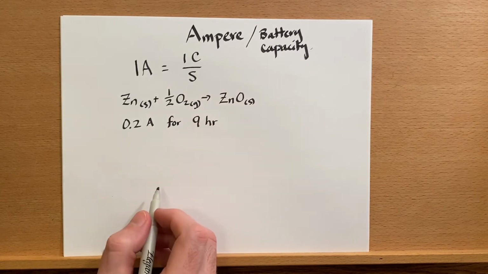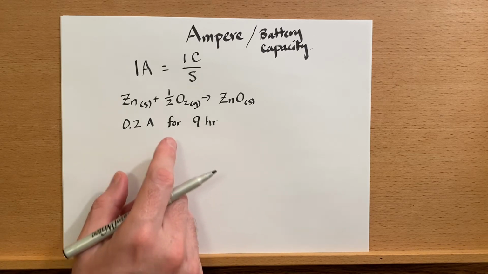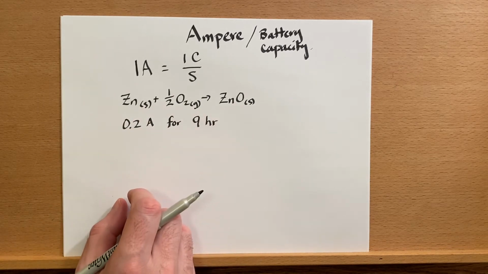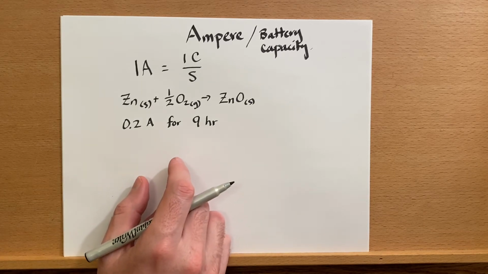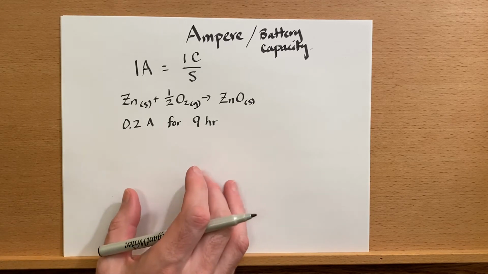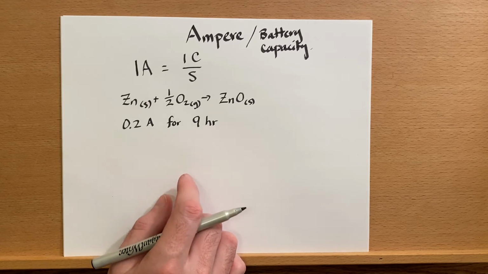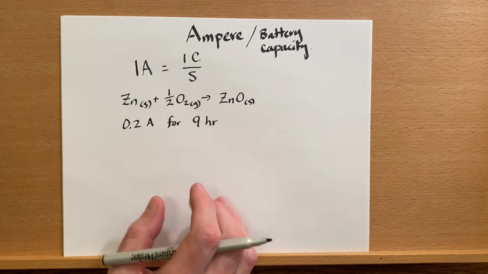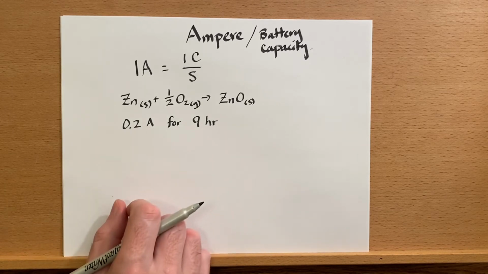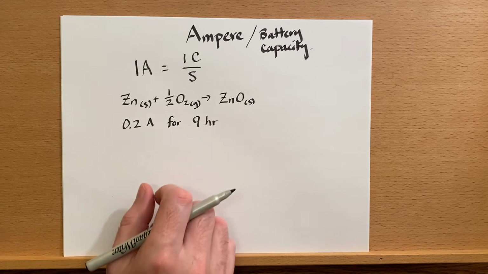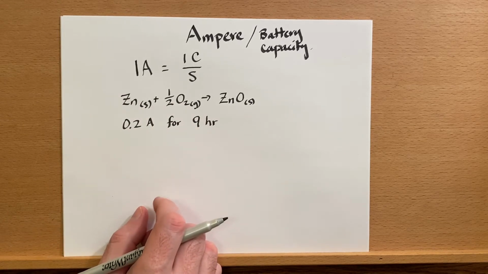Now, the question is, what is the minimum amount of zinc that would be required to make this happen? I say minimum because our calculation is going to assume that the reaction is 100% efficient. And that's really not the case. We'll have to have a little bit more zinc in there to generate this current for that long, just because not everything is 100% efficient.